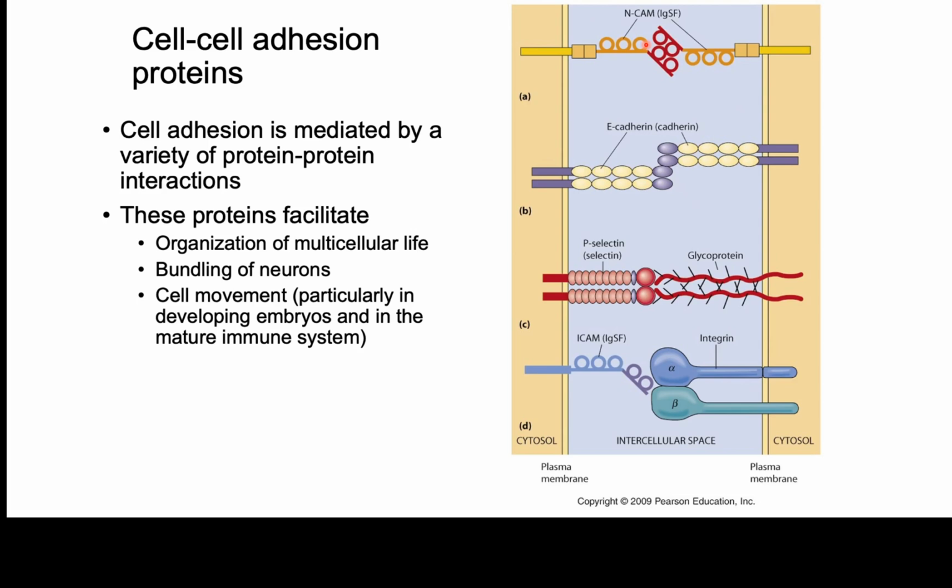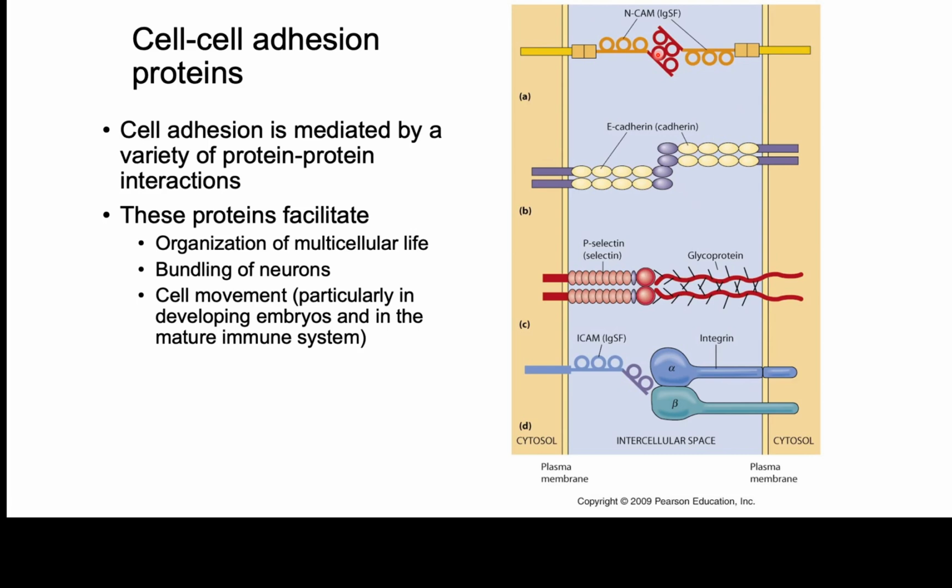So these proteins go through the cell membrane. They associate with another cell that has the exact same protein sticking out of its cell, and they can zip together to connect. Cadherin molecules are another class of molecules that allow cells to recognize and bind to each other.